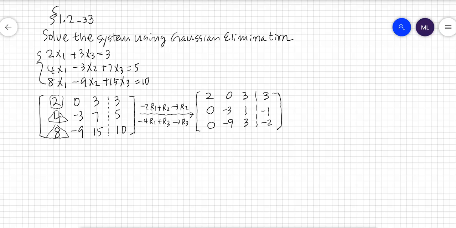So now I made these 0, but now I want to make this guy 0. Eventually I'll change that to 1. So to make that term 0, I multiply negative 3 copies of R2 and add to R3.